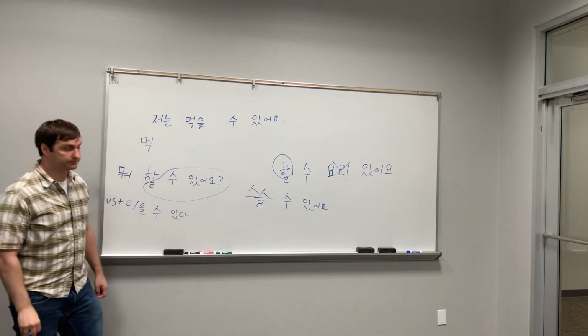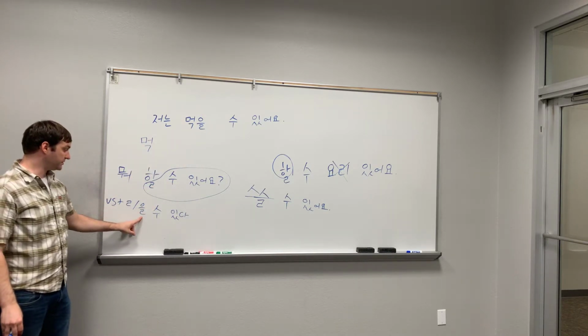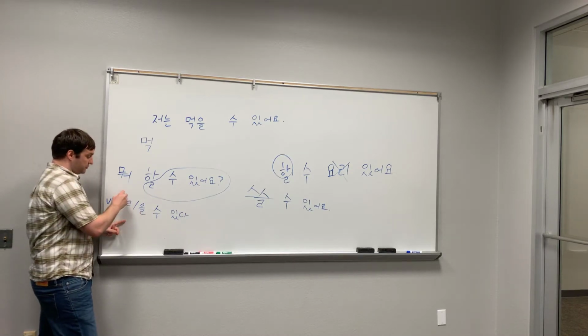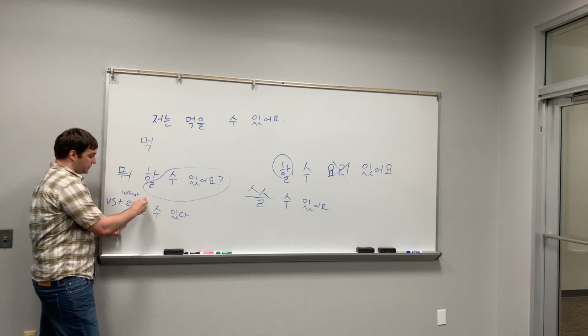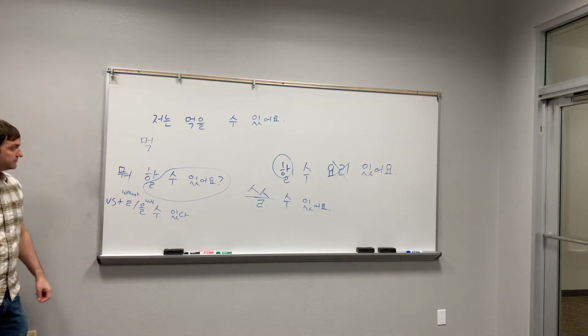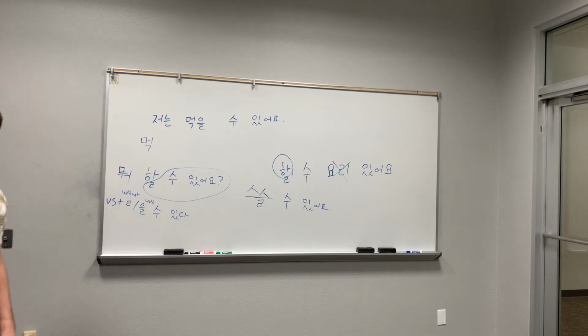This is with the 을, because this has a padchim here, so we use this one. This one is without, and this one is with. 저는 먹을 수 있어요. So I can eat. Good.